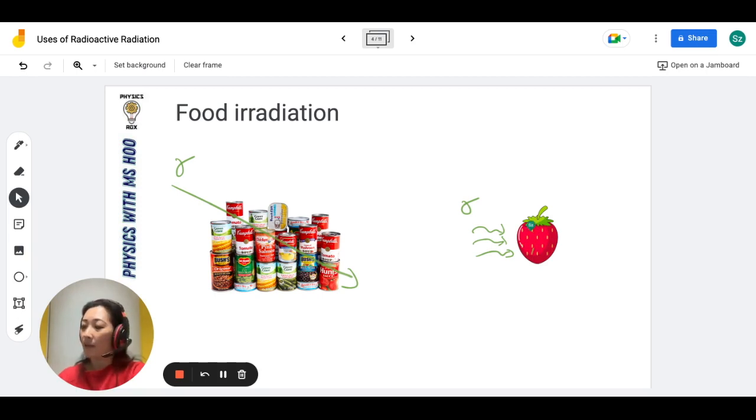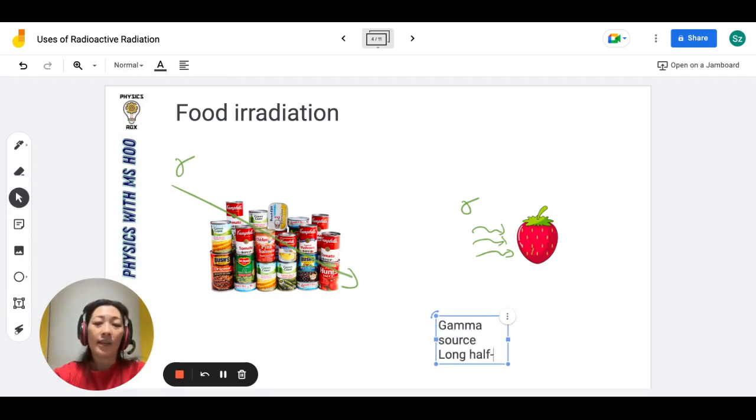So when the microorganisms have been killed, we don't have the bacteria and microorganisms that could cause the food to decay and spoil, allowing the fruits to stay fresher for longer, especially during import when it travels from one country to another. For this, we need to use gamma because gamma's high energy is able to penetrate and kill microorganisms.